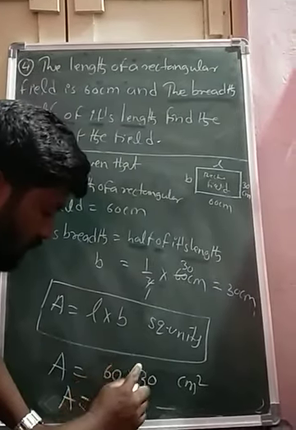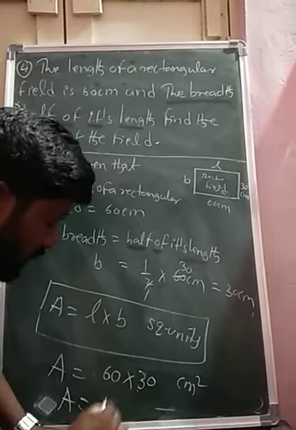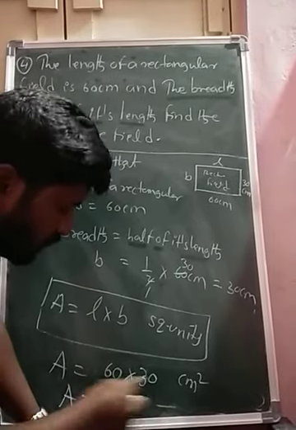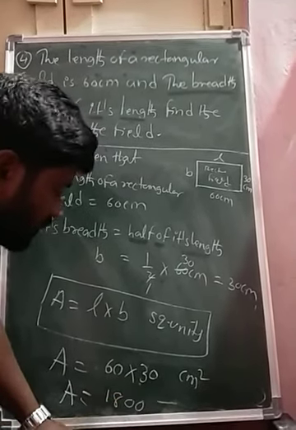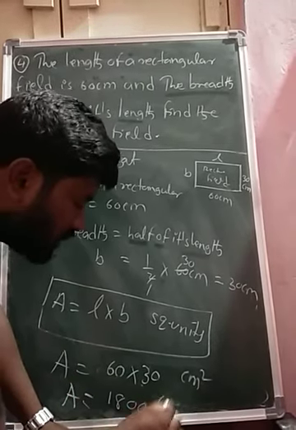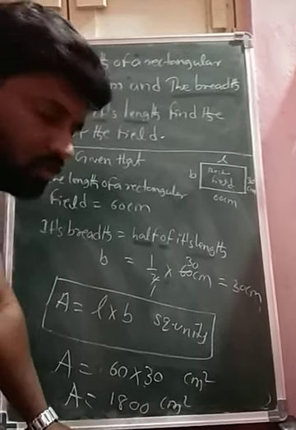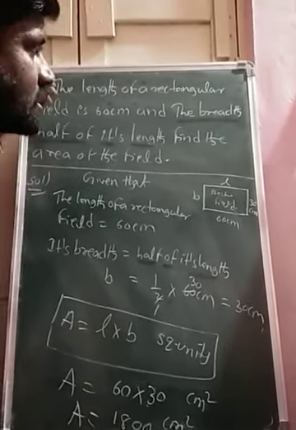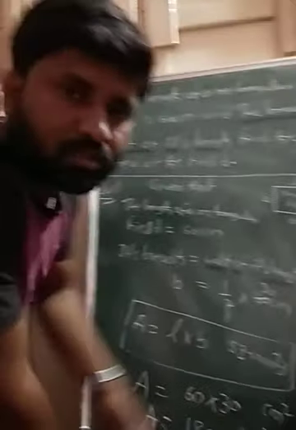Simply 3 sixes, 3 sixes are what? That is 1800, write it down. So 60 into 30 means that is 1800 square centimeter. So this is the required answer for this question. Okay students? Thank you.